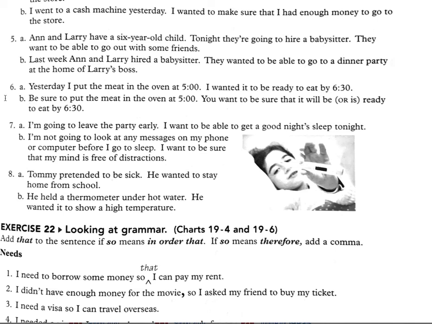So here, you're going to say, be sure to put the meat in the oven by 5 o'clock so that it will be ready to eat by 6:30, or be sure to put the meat in the oven at 5 o'clock so that it is ready to eat by 6:30. Both are correct, present or future meaning.